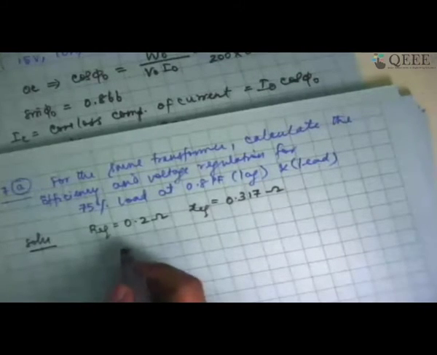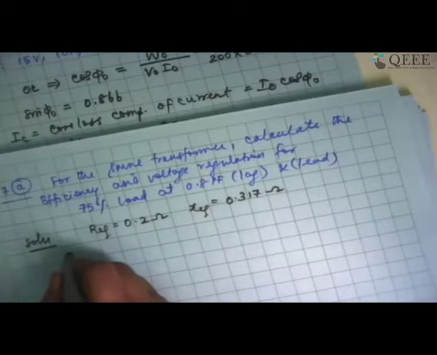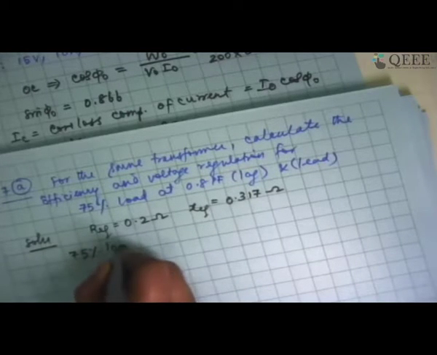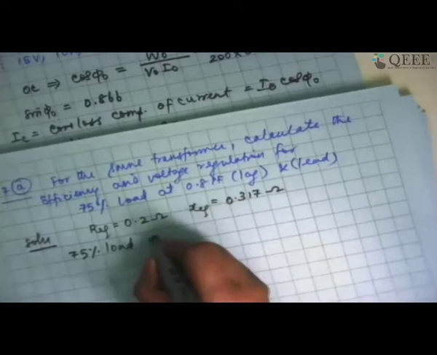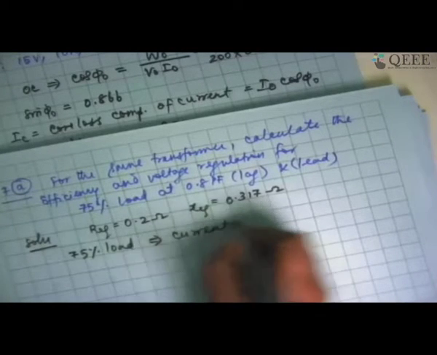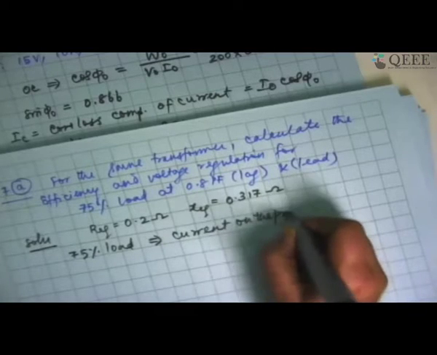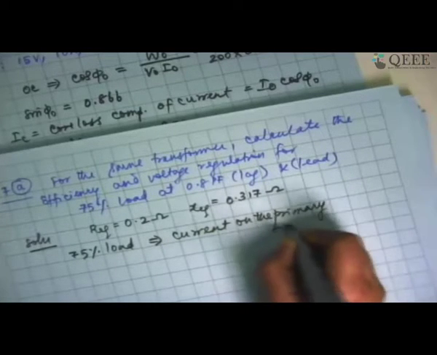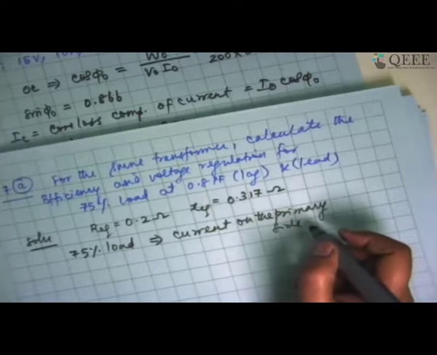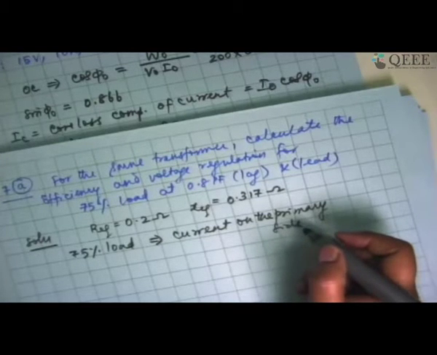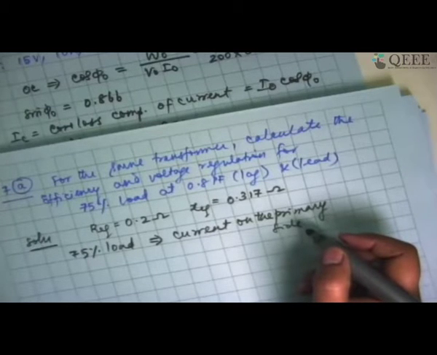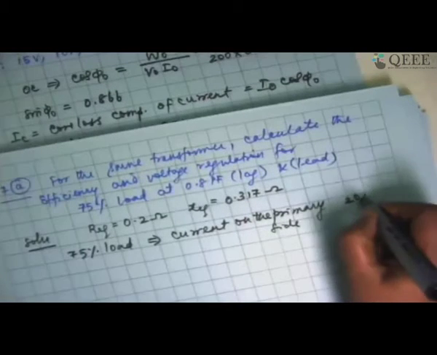So let us see first of all, 75% load indicates the current on the side for this transformer. It is a 200 by 400 volts transformer, 4 kVA. So 200 by 400 volts transformer, 4 kVA means 200 multiplied by 20 amperes. So 20 ampere.